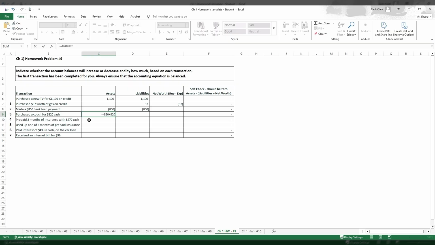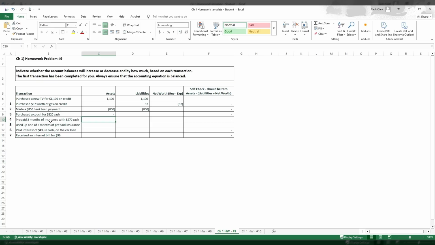Cash and a couch are both assets, so they're just within this one category. But we have a minus and a plus, and so the overall impact to assets really is nothing, because the cash asset decreased, the couch asset increased, and we've effectively just traded one asset for another, and so you see a 0 result.